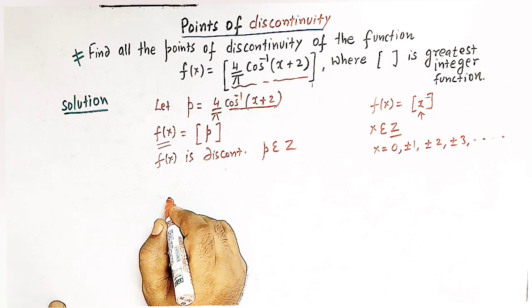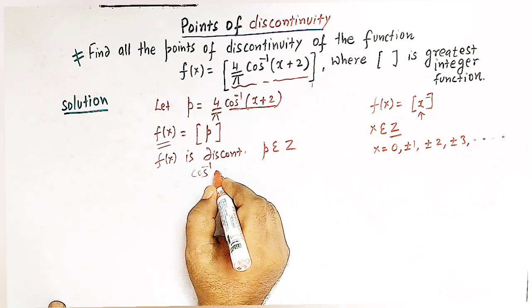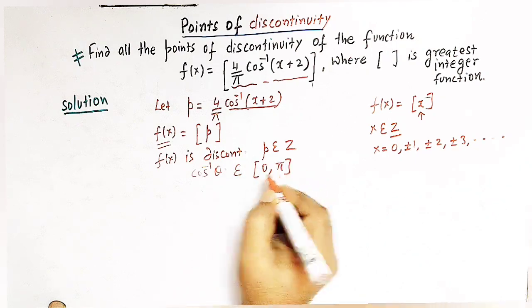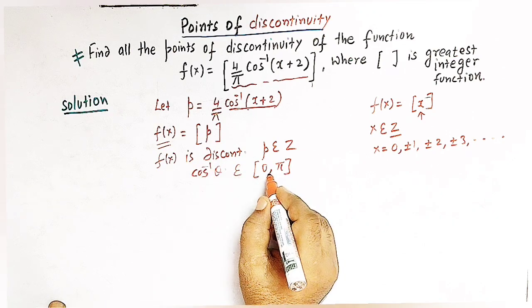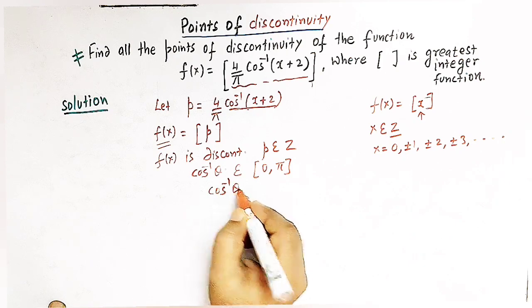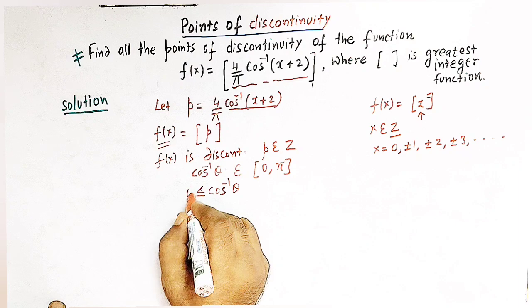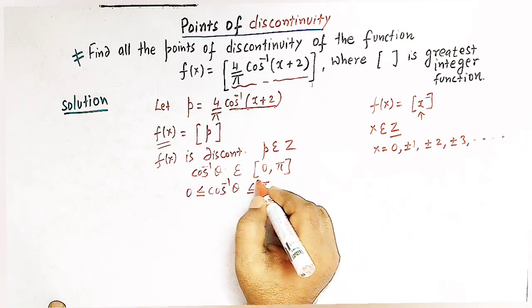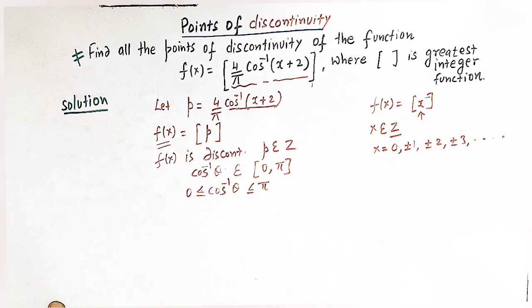From inverse trigonometric functions, we know that the range of cos inverse theta is given by the interval 0 to pi. So cos inverse theta belongs to 0 to pi, or in other words we can also write cos inverse theta is greater than or equal to 0, but less than or equal to pi. So 0 to pi is the principal value branch of cos inverse function.